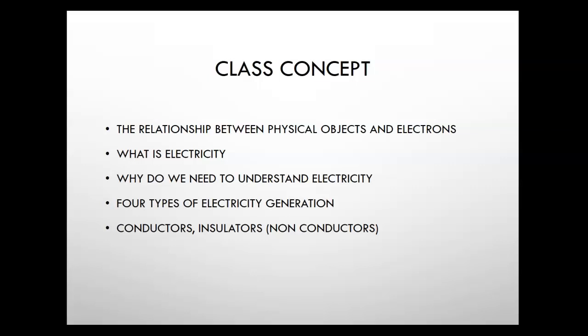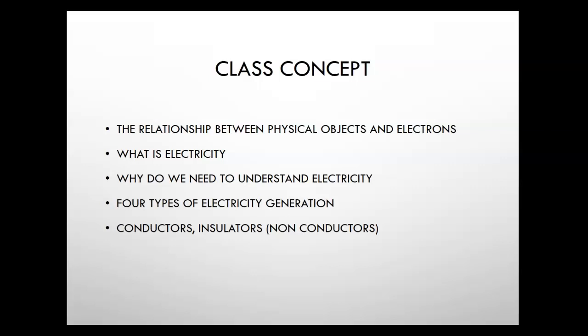Why do we need to understand electricity? For us as technicians, it's very important that we understand what electricity is because we will work with it. We would like to protect ourselves from electrical danger. So it will be good for us to understand what electricity is, how it gets generated, how it gets conducted, and so on.